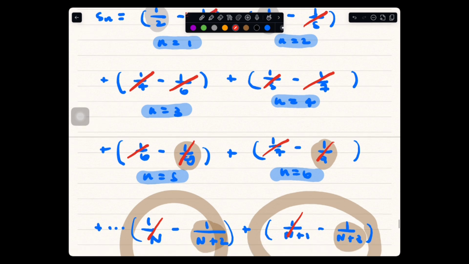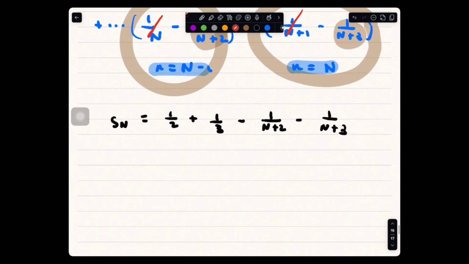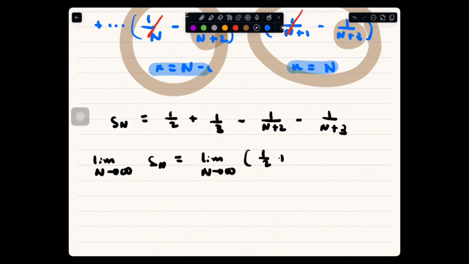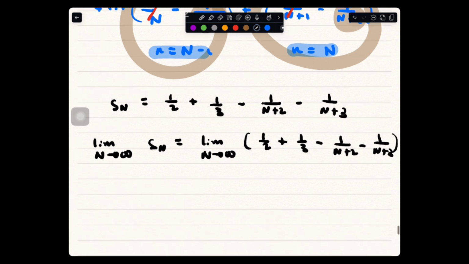Okay? And so now, I have to look at the limit. As n goes to infinity, Sn is the limit as n goes to infinity of 1/2 plus 1/3 minus 1 over n plus 2 minus 1 over n plus 3. Where does that limit go to?